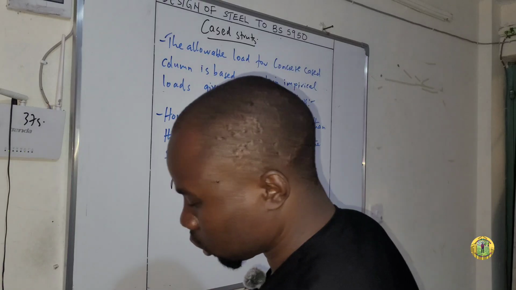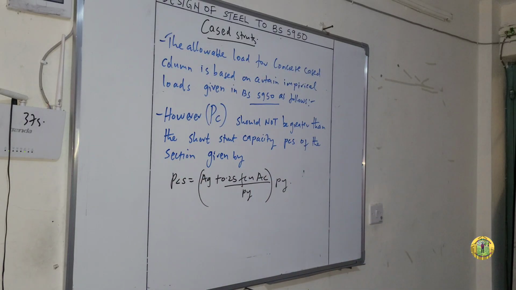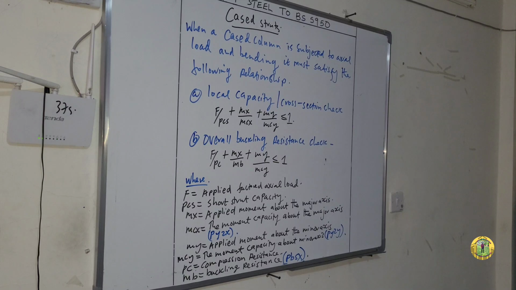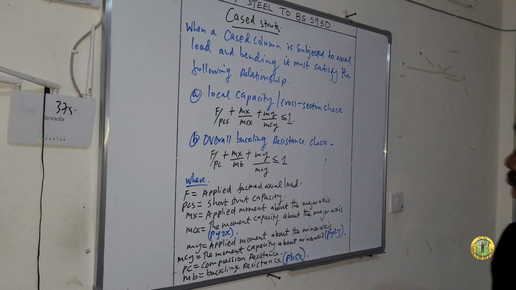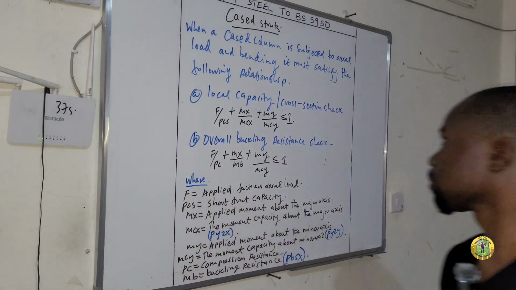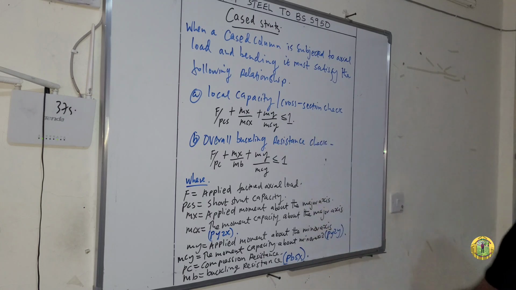We now talk about when a cased column is subjected to axial load and bending. So when a cased column is subjected to axial load and bending, it must satisfy the following relationships. So number A, local capacity, strut section check.